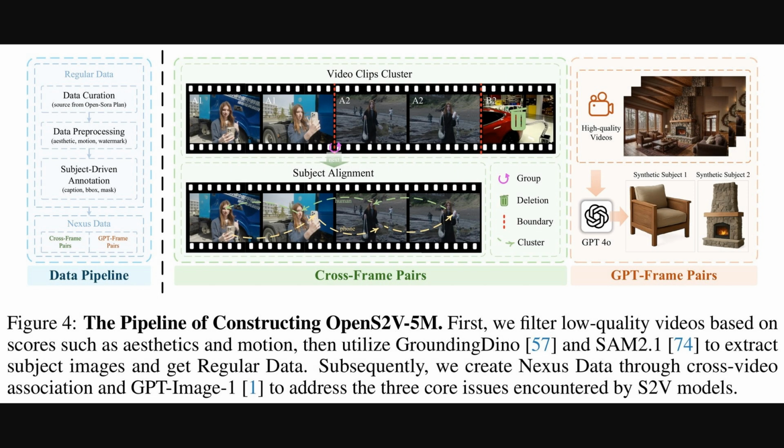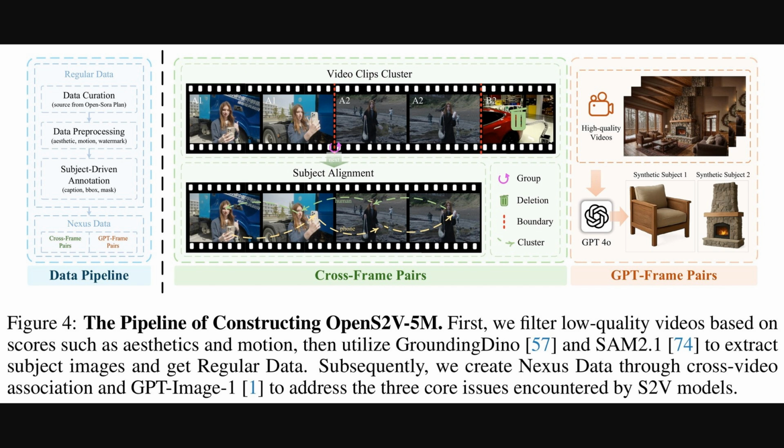Alright, so we've looked at how the OpenS2V-Eval benchmark is built and its characteristics. Now, here walks us through the construction pipeline for the OpenS2V-5M dataset itself. On the left, we see the overall data pipeline. It starts with creating regular data.